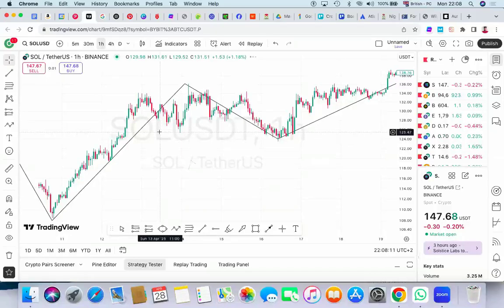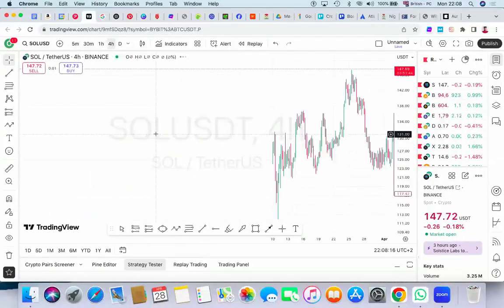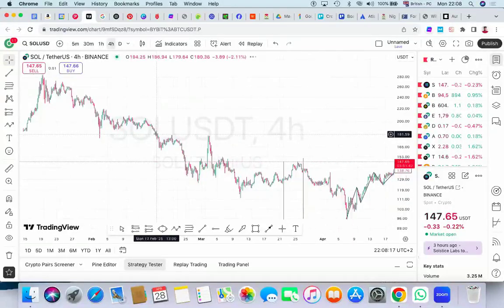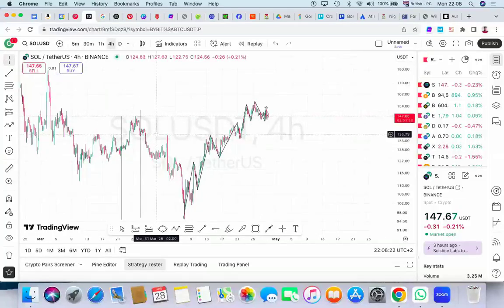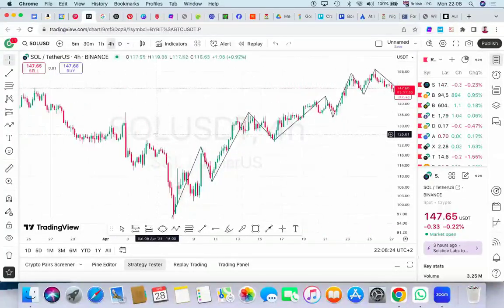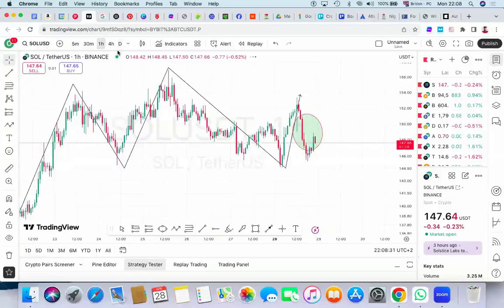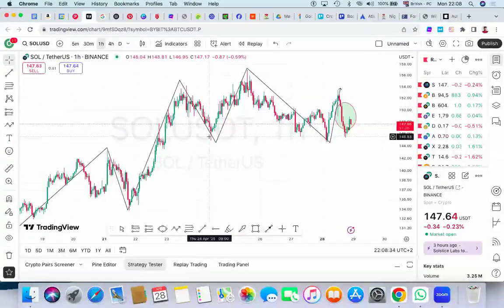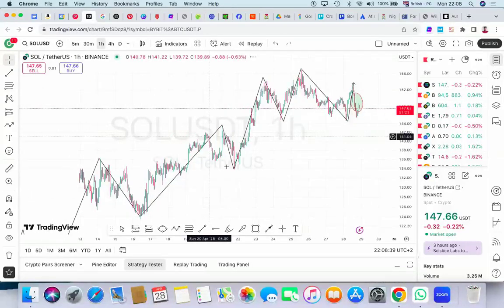So let's come back to us. So this is our 4 hours time frame. And then we have this structure up here. We identify that this is an uptrend. And now we will be coming to the 1 hour. Now here is the time frame where we want to draw our structure.